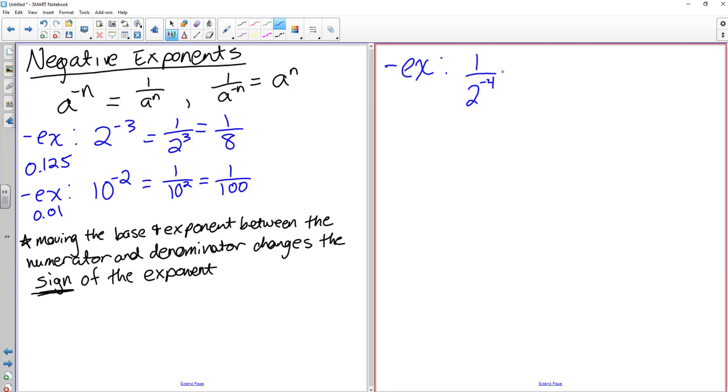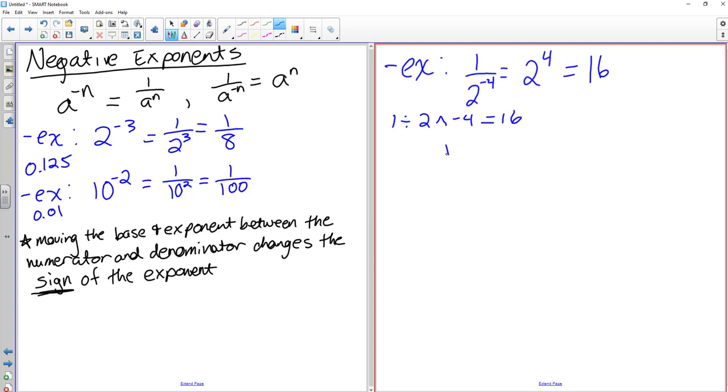Using the rule, 1 over a to the negative nth power, I could rewrite this as 2 to the positive 4th. By bringing it up, it changes the exponent from negative 4 to positive 4. So this should be 16. Again, if you put this in your calculator directly like that, 1 divided by 2 to the negative 4th, it's going to output 16. Now let's look a little more in depth at why.